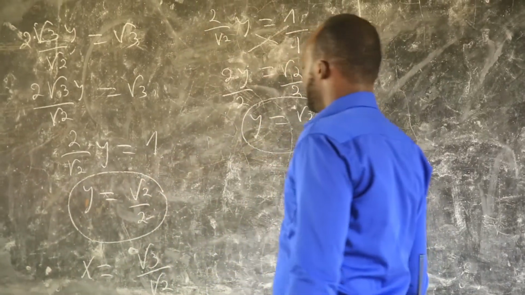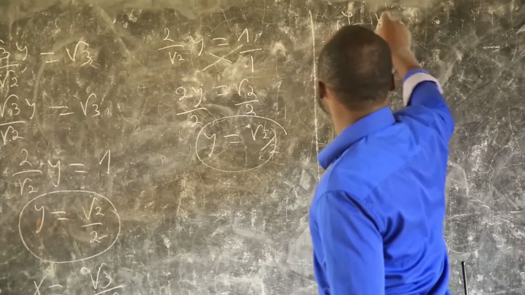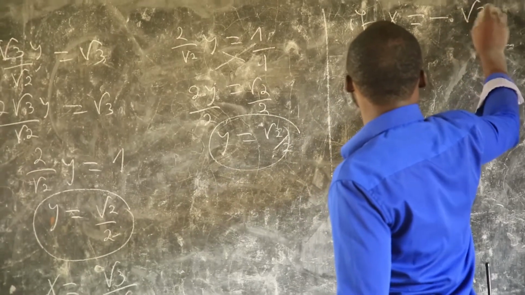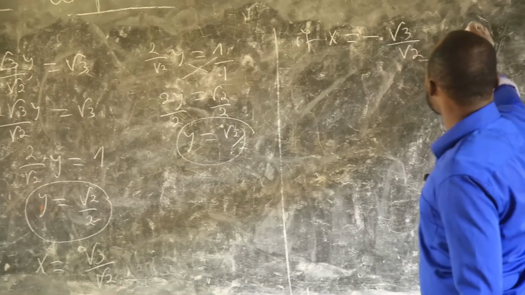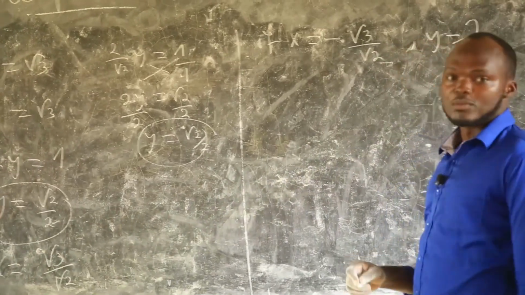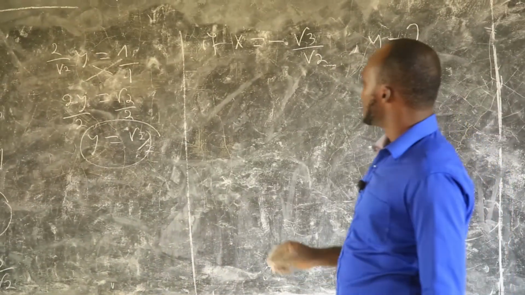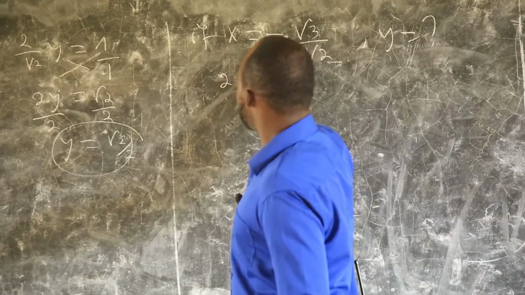Then from there, if x is negative root 3 over root 2, what will be the value of y? So we have 2xy equal to root 3.